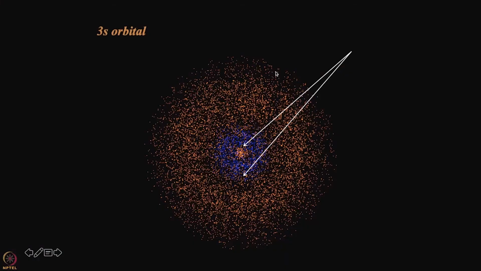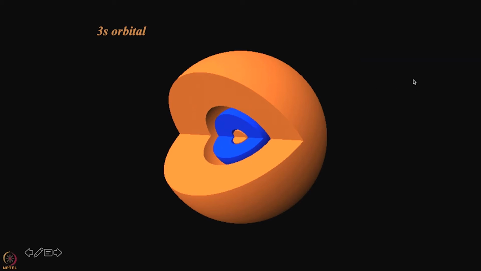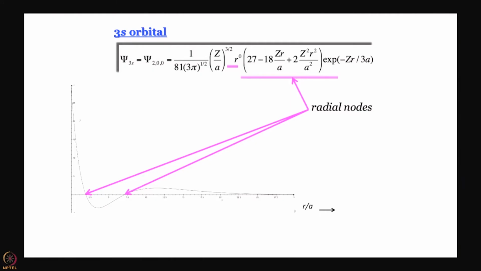3s orbital, as we know, has a polynomial of second order. 3s orbital, remember, has in its expression a polynomial of second order, the 3 terms.